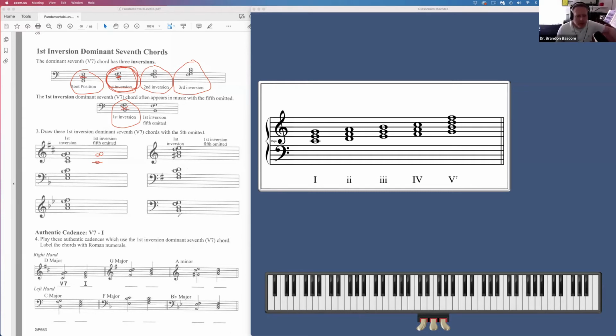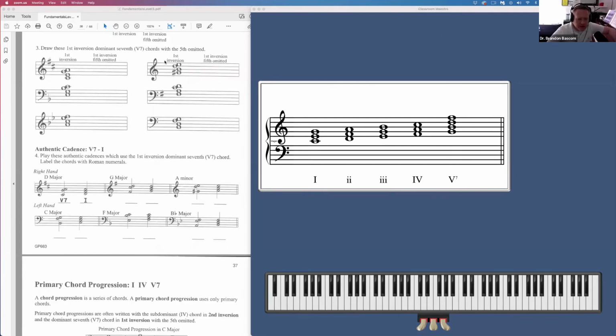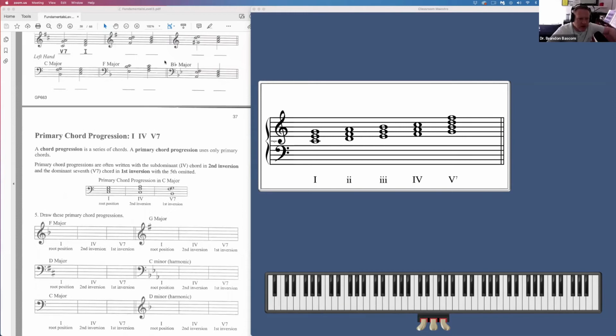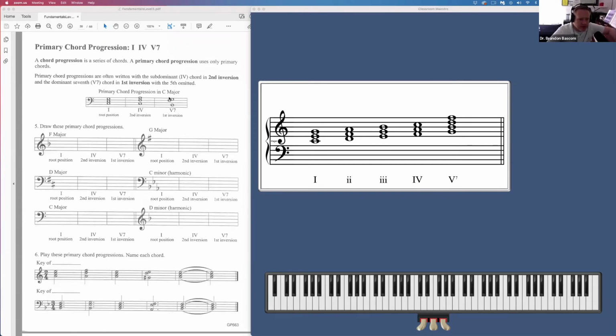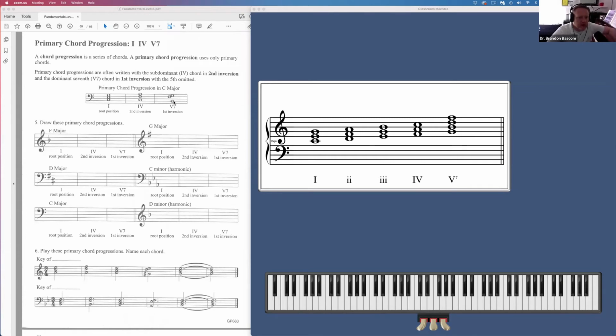All right. Part 4. We are just analyzing or labeling our Roman numerals in the given key signatures. And then on page 37, we're drawing out our chord progression with our first inversion dominant seventh with the 5th omitted.